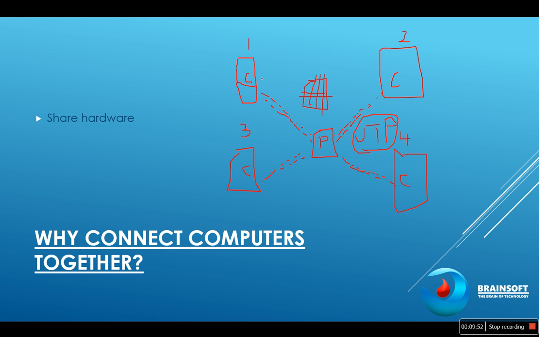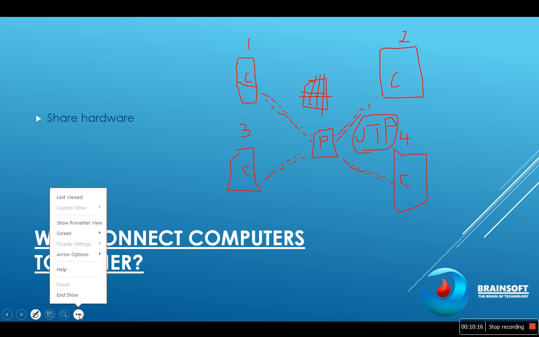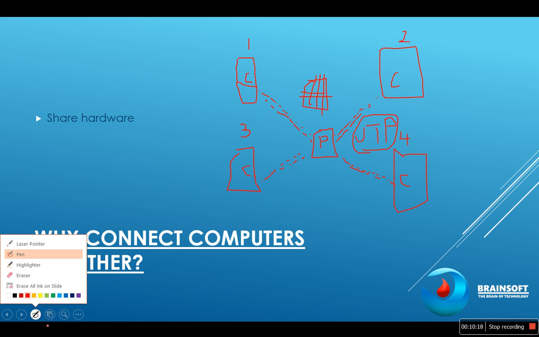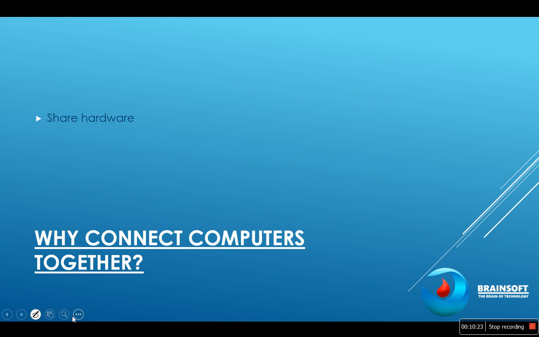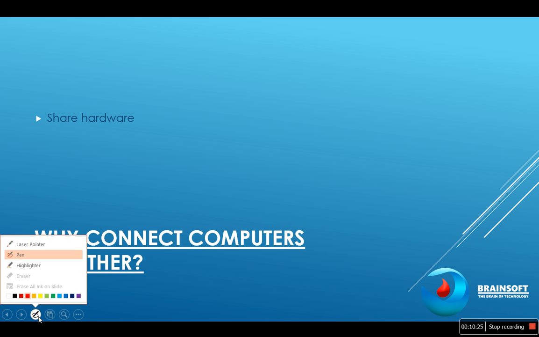Then Kofi, Kwajo, Amma, or whoever can sit in front of their PCs and print their documents, because now they are all connected to the printer. So that is one thing you need to know. You share what we call common hardware. That's it.